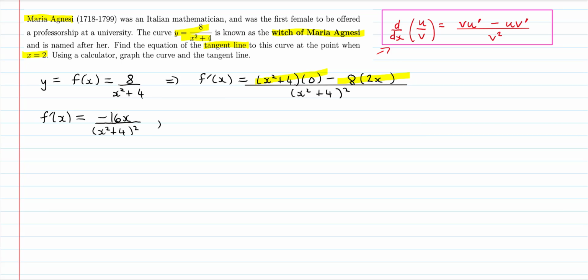So we're wanting the equation of the tangent line at the point when x is equal to 2. First of all, we'll find the gradient of the tangent line at x equals 2.